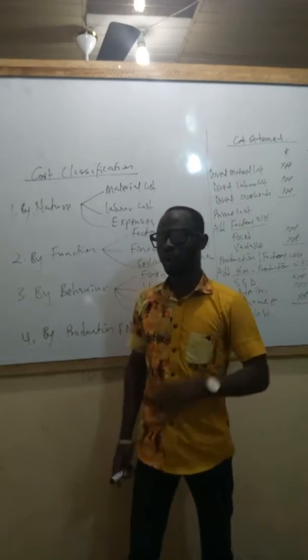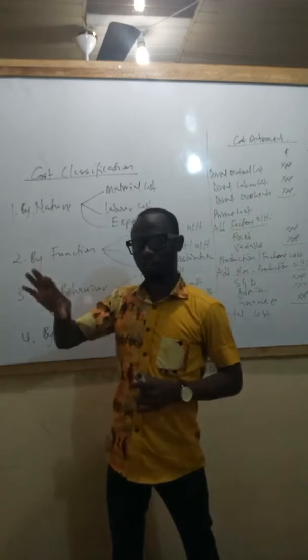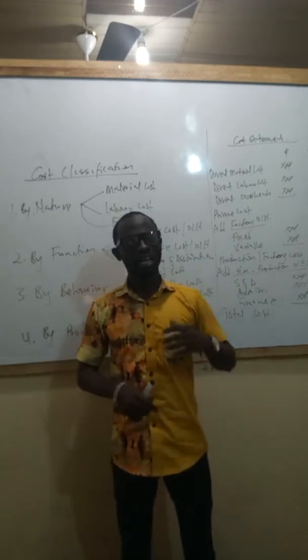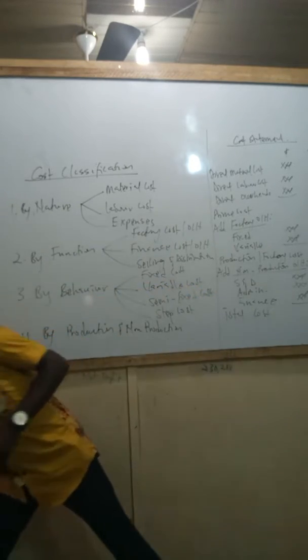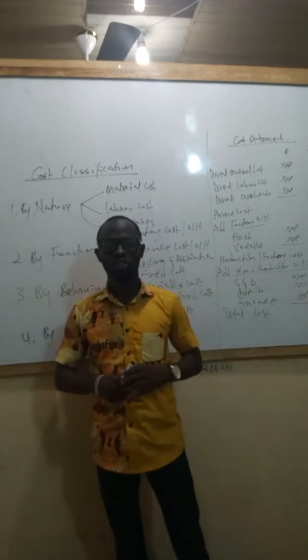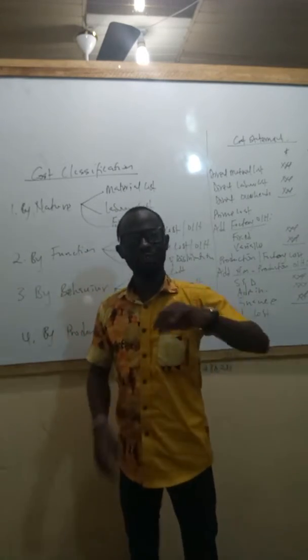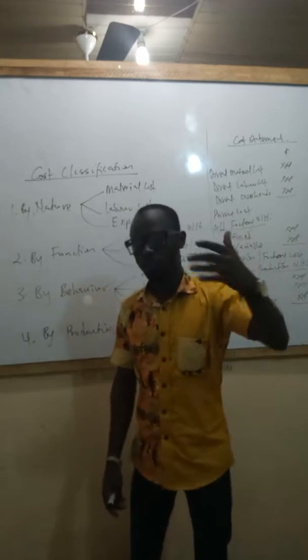We can also classify cost into avoidable and unavoidable cost. Meaning, avoidable costs are costs that an organization could avoid if it does not undertake an activity or an operation.